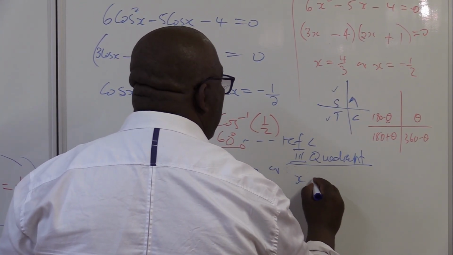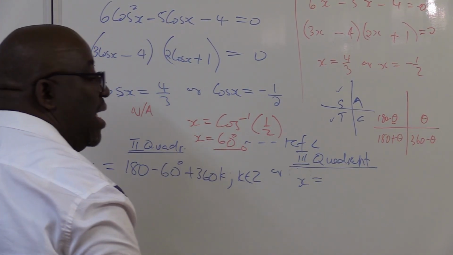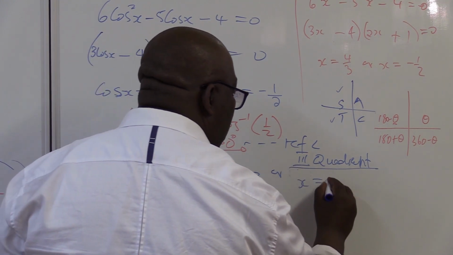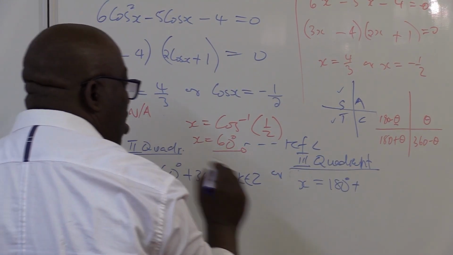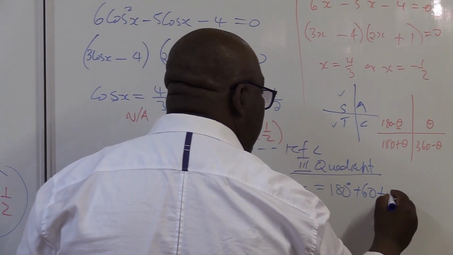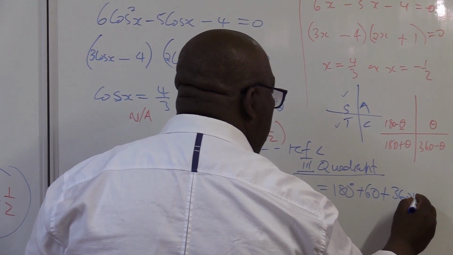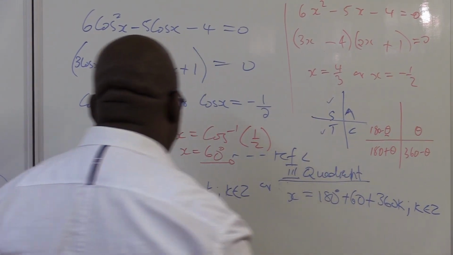So x in this particular case will be equal to, how do you refer to the third quadrant? It is 180 plus theta. What is my theta in this particular case? It is 60 degrees, plus the period, plus 360k, where k is an element of Z.